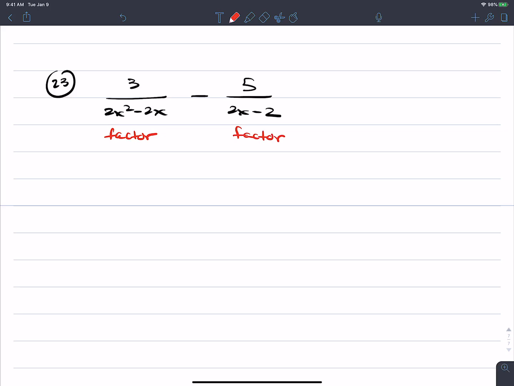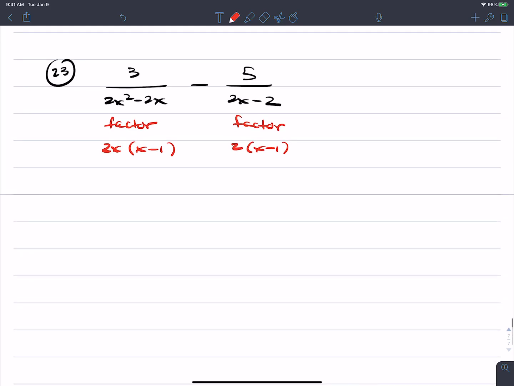So when I factor 2x squared minus 2x, we have to factor completely. That means the greatest common factor is 2x, and the quotient is going to be x minus 1 here. For the next term, the greatest common factor is 2, and here the quotient is x minus 1.